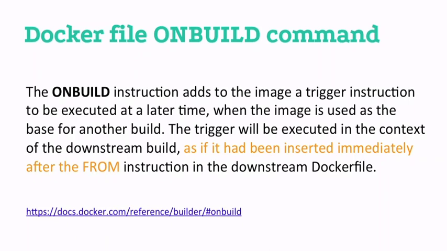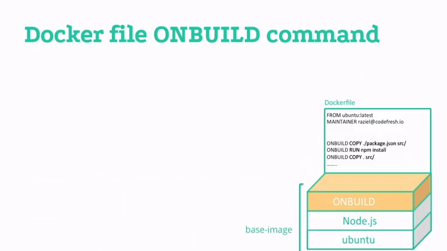Before jumping into the demo, a few more words about ONBUILD. This is the documentation of ONBUILD from the Docker documentation. As you can see, ONBUILD is basically triggers that the daemon will execute in a downstream build, and we can look at them as commands that will be added to the downstream build right after the FROM. Let's look at it in a visual way.